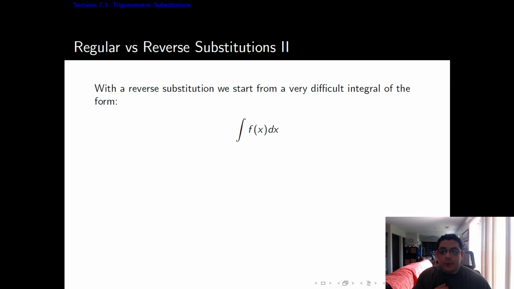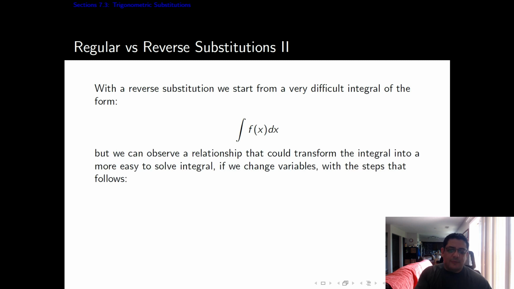Now, we're going to go with reverse substitution. In reverse substitution, we start with a very difficult integral of the form integral of f of x dx that we don't know how to approach, but that we can observe has a relationship that could transform the integral into an easier one if we change variables. The steps that follow are very similar. Now we're changing the inner variable for a function g of u, and again we recognize that the derivative of x with respect to u is going to be g prime of u.